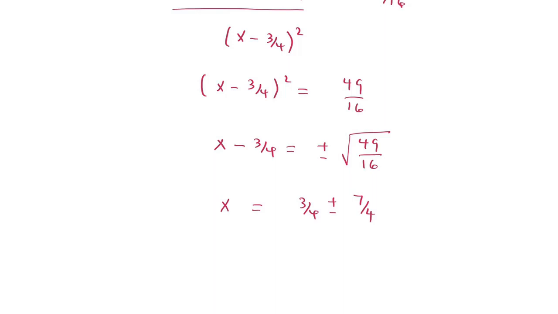So next we are going to have x equals 3 over 4 plus 7 over 4 or x equals 3 over 4 minus 7 over 4, of which after solving the values we are going to have x equals 5 over 2 or x equals -1, and this is going to be our answer.